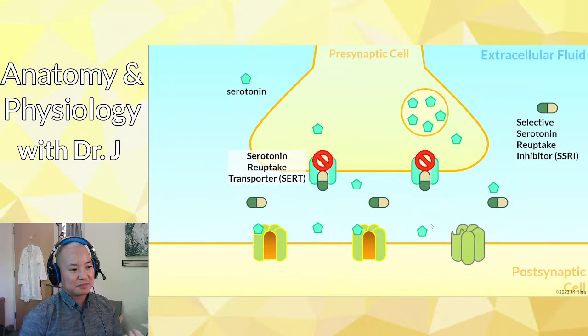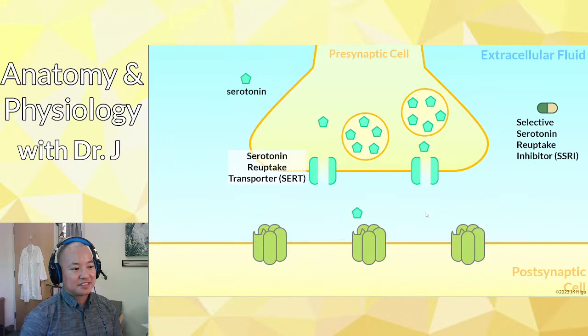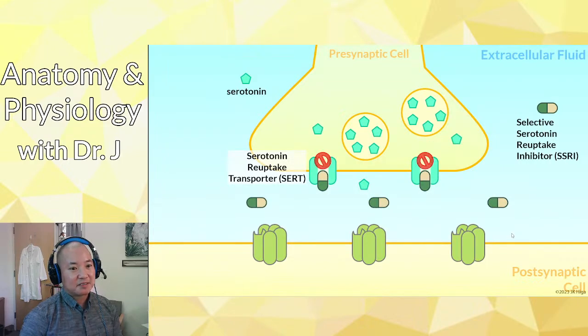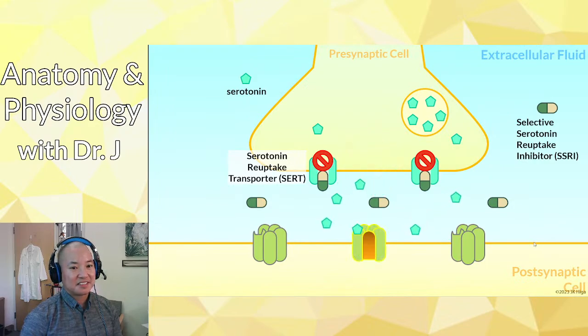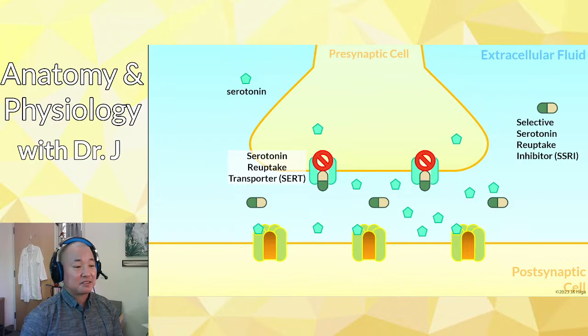Previously we had very low levels of serotonin in this example, but by inhibiting the reuptake transporters, we keep serotonin in the synapse. So we strengthen the serotonin signal in this synapse that had a weak serotonin signal before. So that's why these SSRIs are very important and very powerful in increasing the amount of serotonin signaling in the brain.